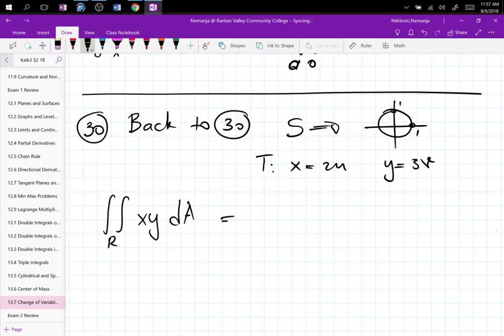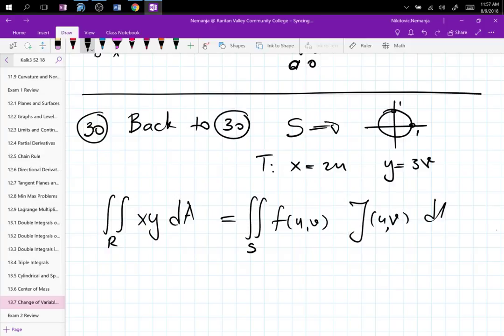So what do we have now? We want our integral over region S, and our xy is going to be a function in uv, and we're going to have our Jacobian and dA. All right, let's do it. Function in terms of uv, not a problem. x is 2u, y is 3v.